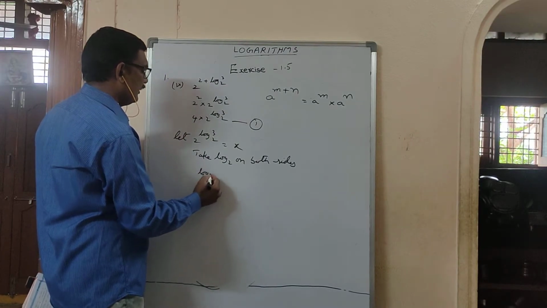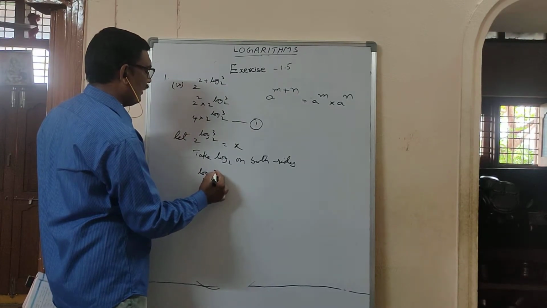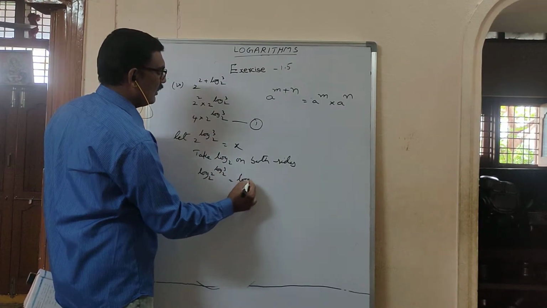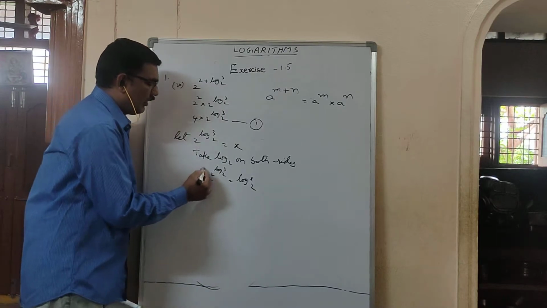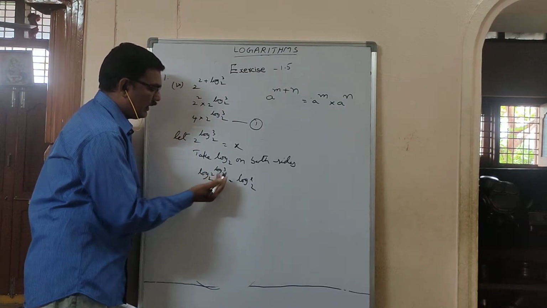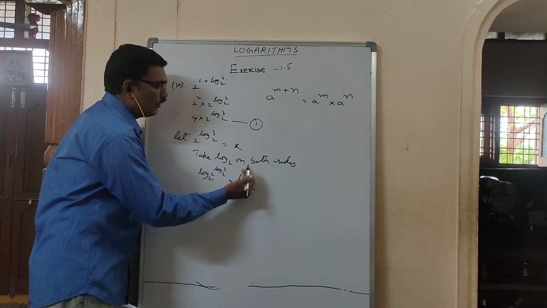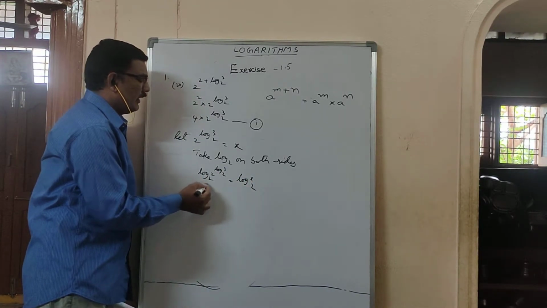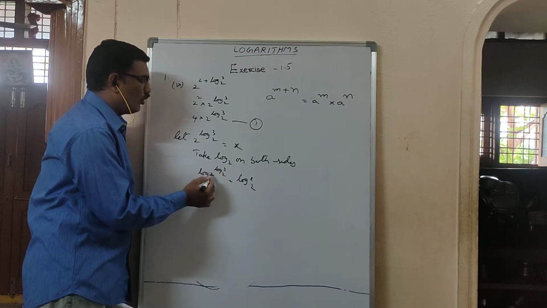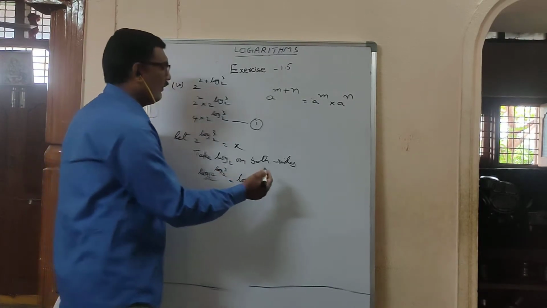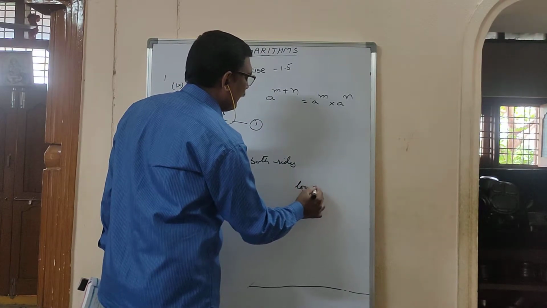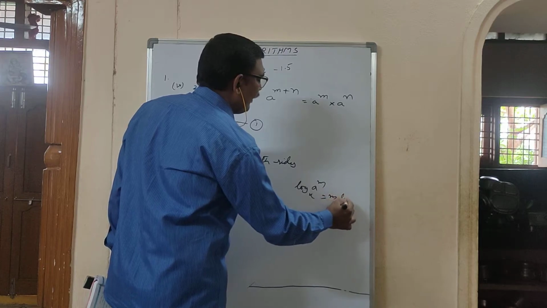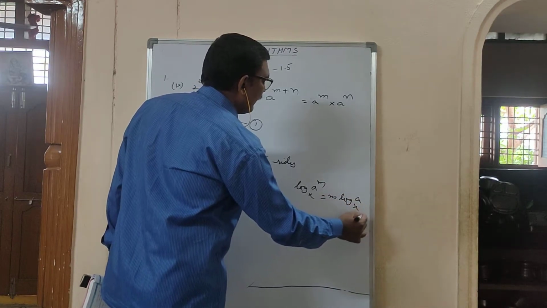Then log base 2 of 2 power log 3 base 2 is equal to log x base 2. Here log base 2 you took on the LHS, log base 2 you took on the RHS. In the LHS, you have one formula, log a power m base x, what can you write? m log a to the base x.